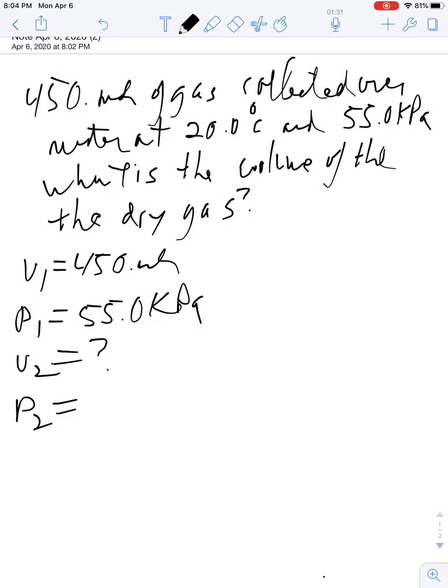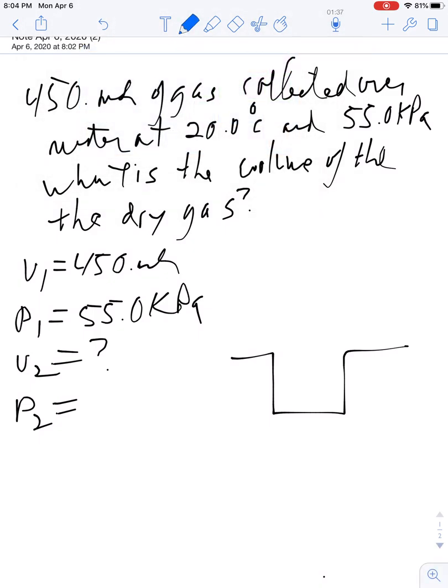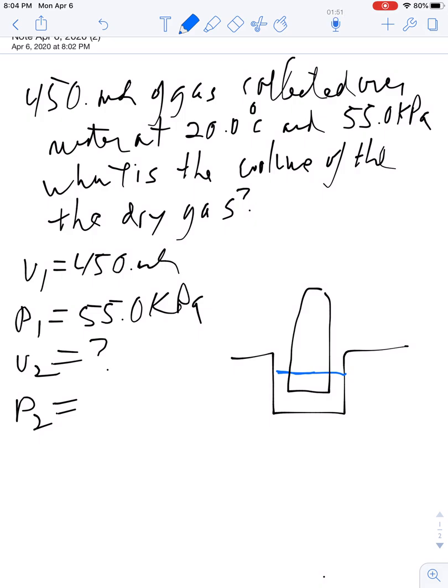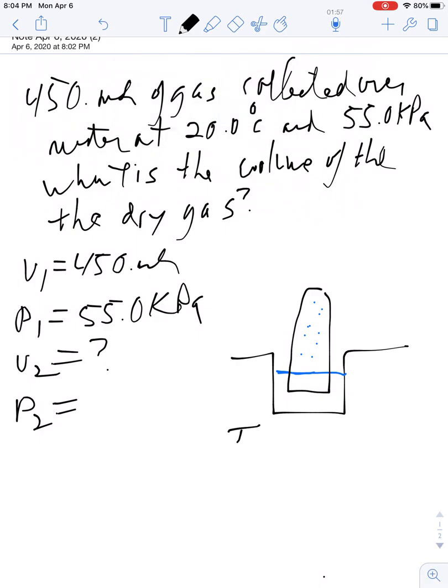Well, here is my container, and some of my water evaporates, and how much evaporates is based on the temperature, and that's why they give you a temperature in the problem.